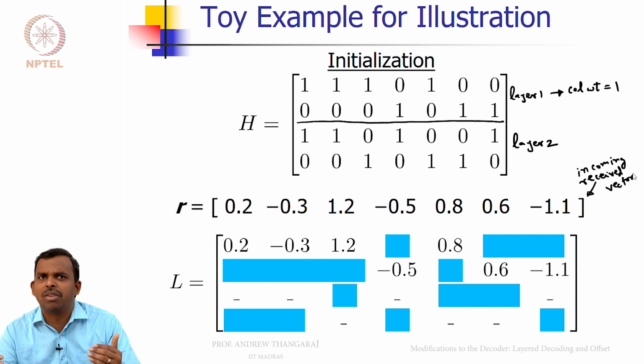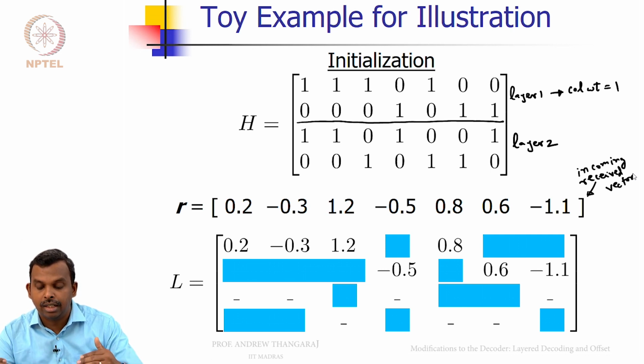Okay, so that is a very simple way of visualizing the layer decoder, and you can also think of the received vector as going layer by layer. Okay, and in each layer some processing occurs and the received vector gets updated, and you keep proceeding further and further. Okay, so keep this picture in mind. So you keep looking at the received vector, then you process row by row, and as you process every row, you keep updating the received vector and you go forward. Okay, so that's how it will work.